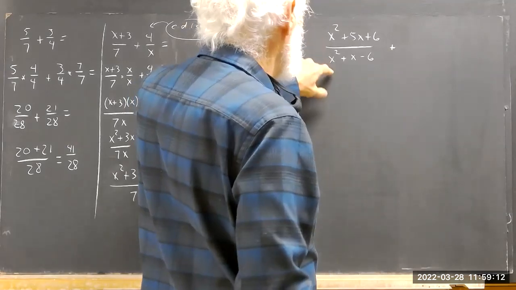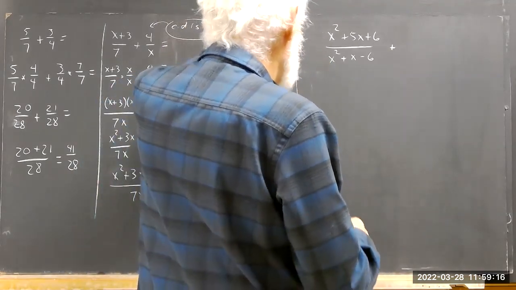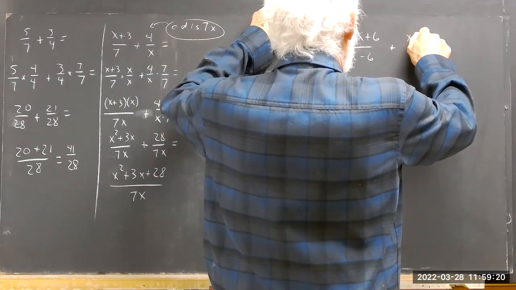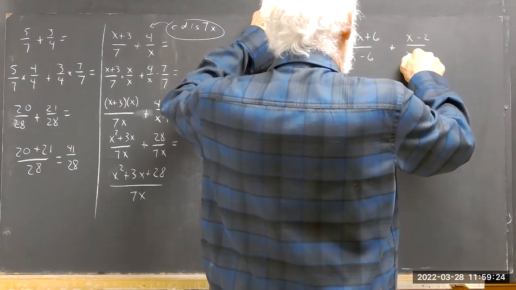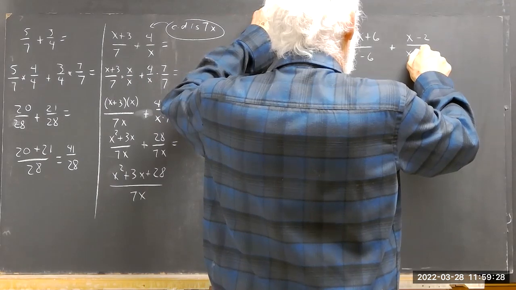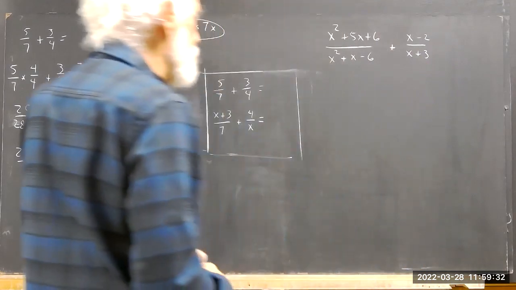Okay, x squared plus 5x plus 6 over x squared plus x minus 6 plus this.